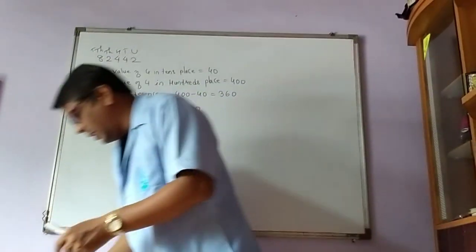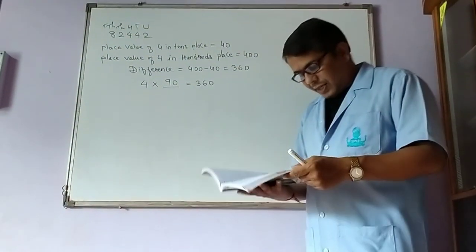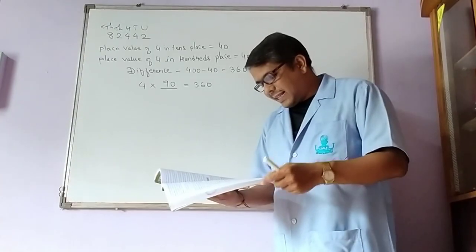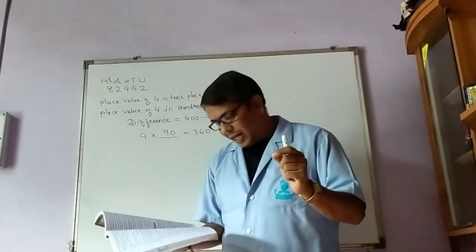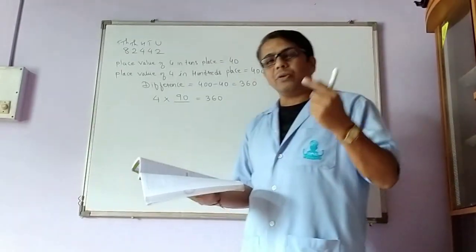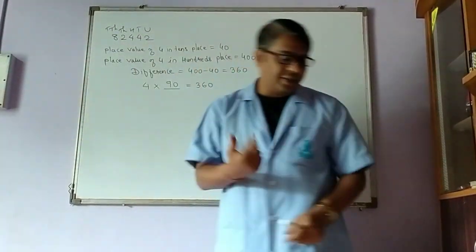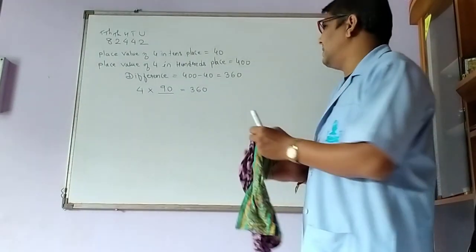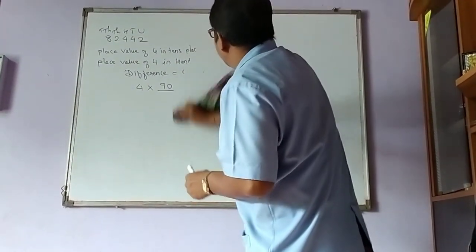Similarly, if we go for thousands place and tens place, it will be 990 times. And if we go for units place and thousands place, it will be 999 times. Okay, so you can try that. I have shown here how to do that. So please try that and get it confirmed.